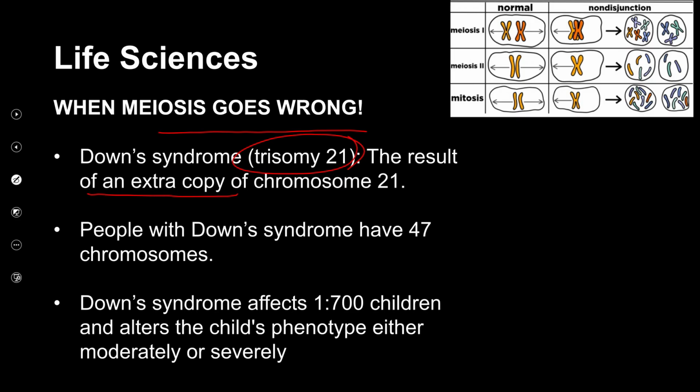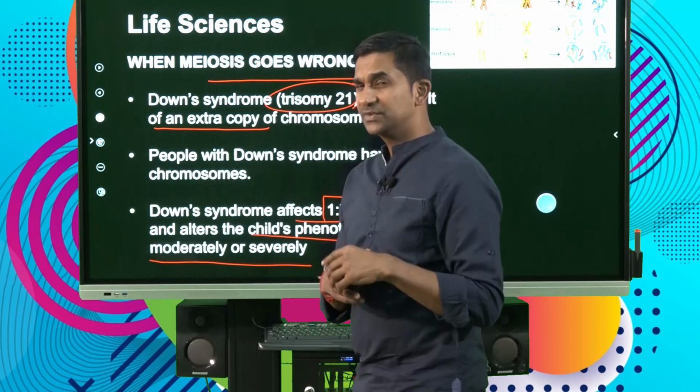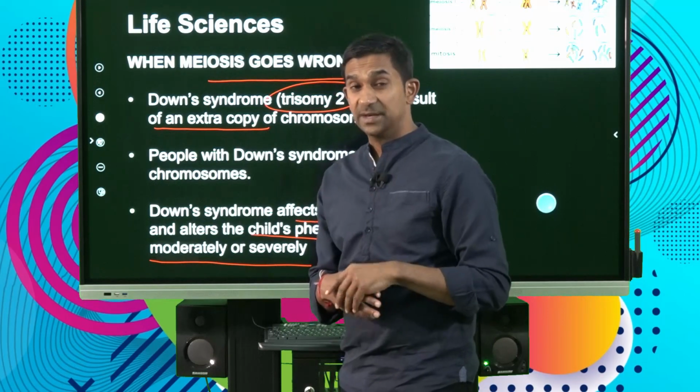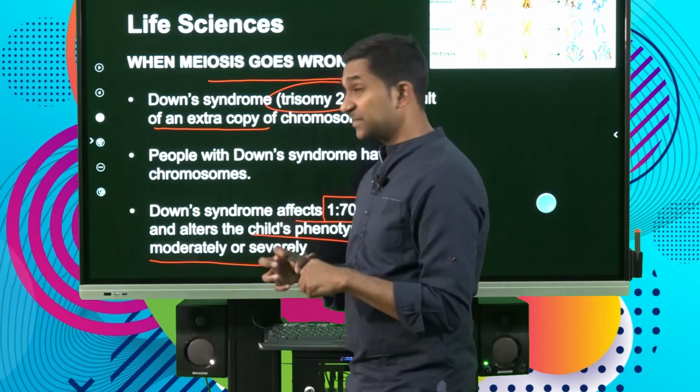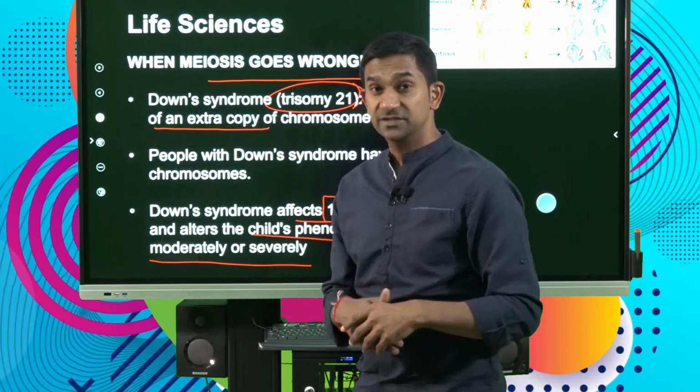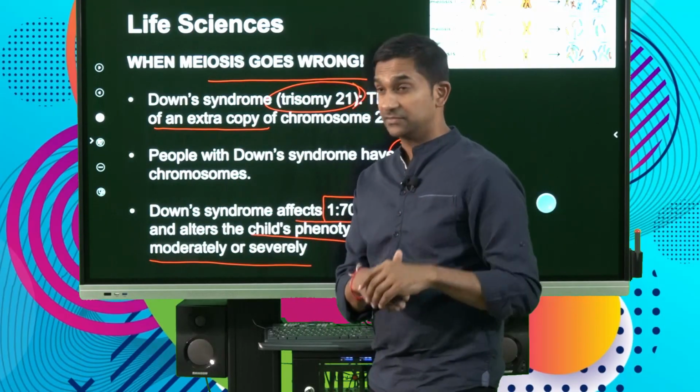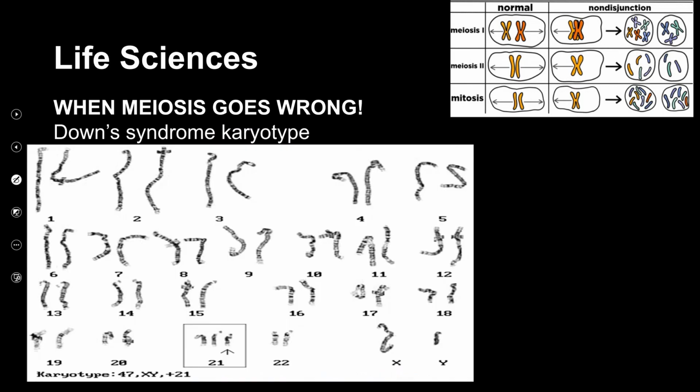People with Down syndrome have a total of 47 chromosomes, and this approximately affects 1 in 700 children and alters the child's phenotype either moderately or severely. We see different effects of this abnormality, and phenotypically lots of characteristics that are identified with these individuals, and we'll discuss some of those in a bit.